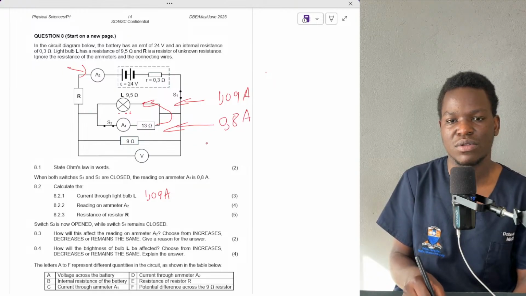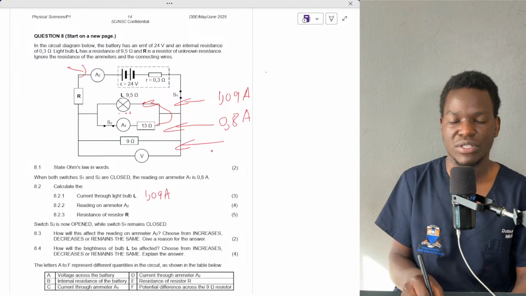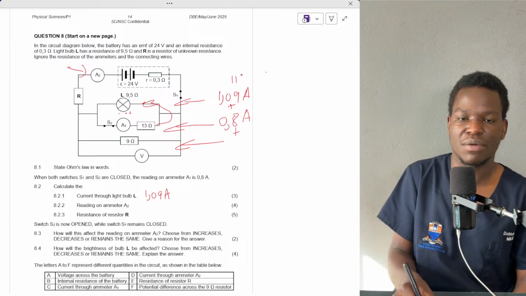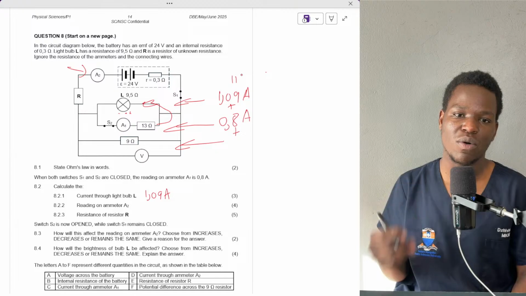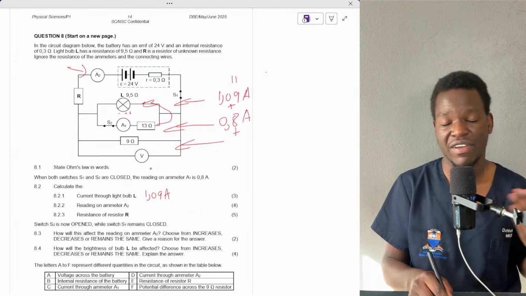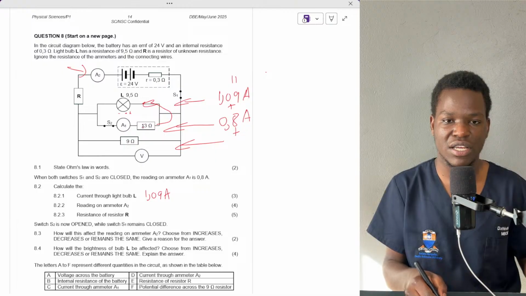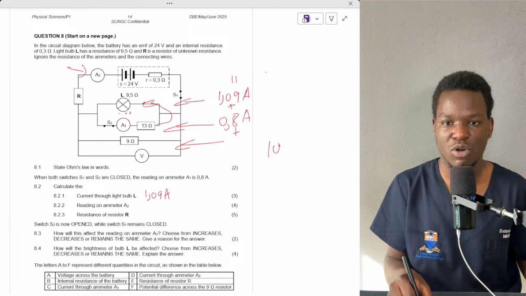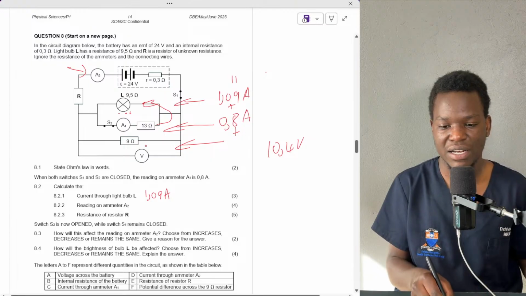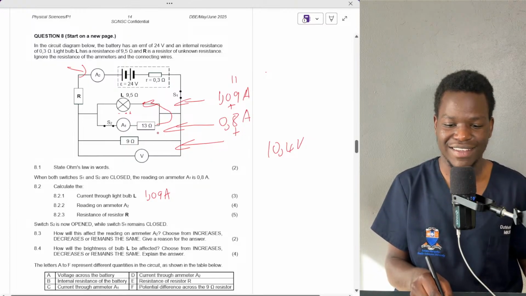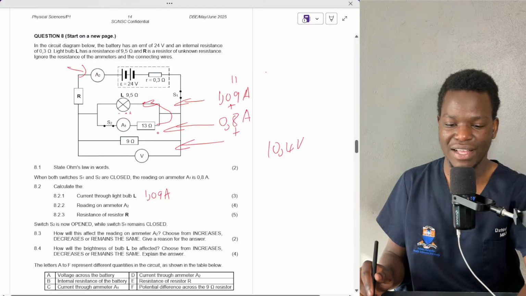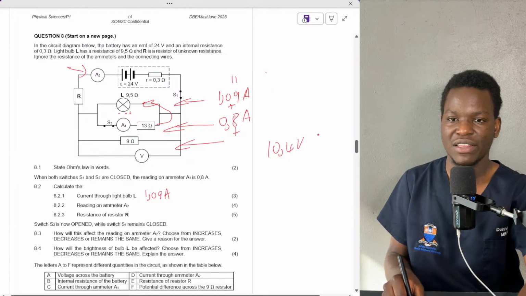The current passing through this other branch, we solve it and then we just add this plus this, and that's going to be the total. So now let's find the current passing through this branch the same way. We use the voltage that we have, 10.4, which is the voltage over this parallel. Let me just go back so that I can find the answer of the voltage. I want to confirm if this is correct.